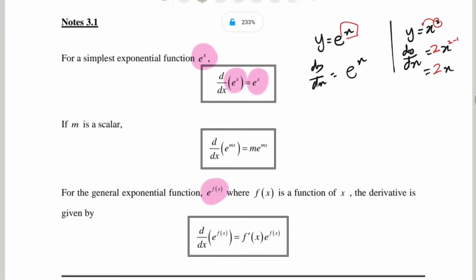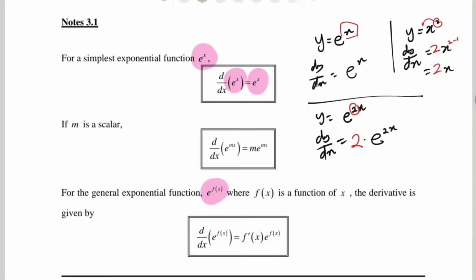But if, for example, it is not just e to the power of x, but e to the power of 2x, then when you differentiate this, what you get is, you just take that number 2 to the front and then multiply with the exponential function.